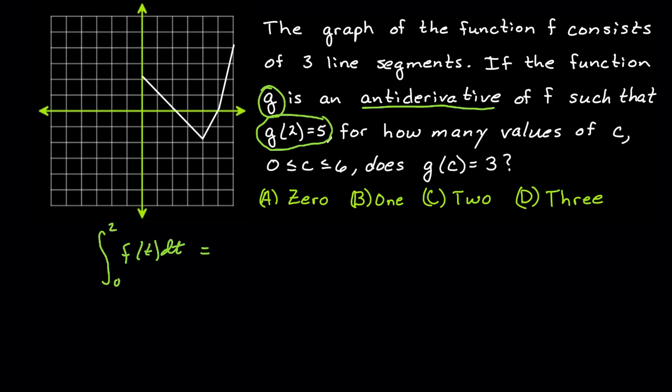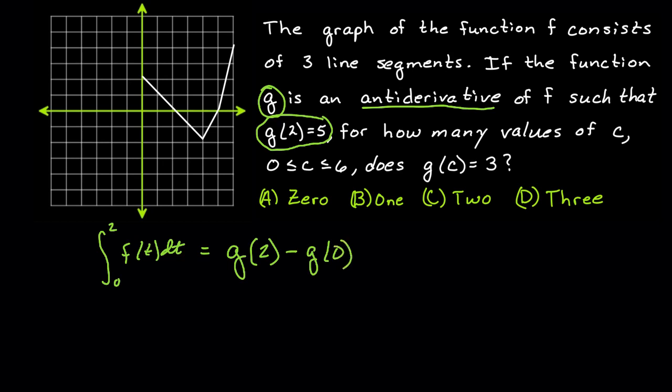Well, the antiderivative is g. And we're going to be evaluating g from 0 to 2, which means you find g of 2, and then you are going to subtract g of 0.